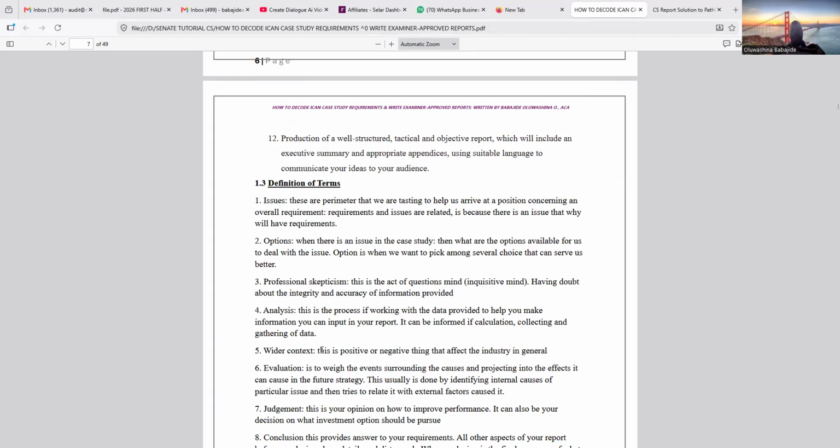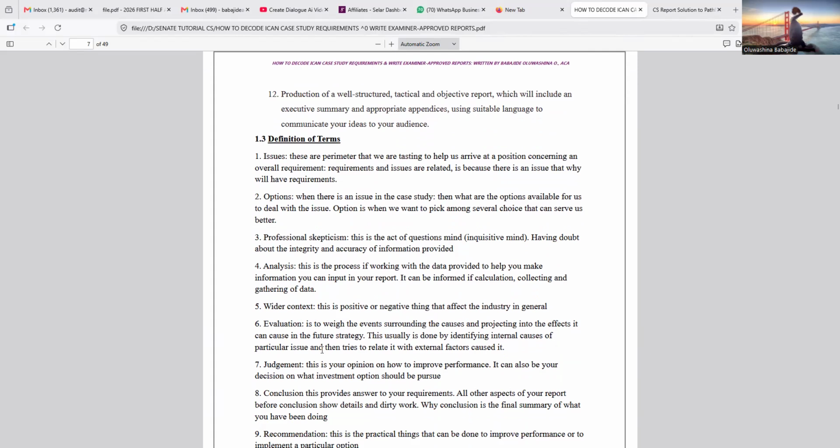Then analysis. This is the process of working with the data providers to help you make information you can input in your report. It can be in the form of calculation, collection, and gathering of data. So you are going to do calculation, collect data, and gather a lot of information. We call it analysis. All this analysis will start from your appendix.